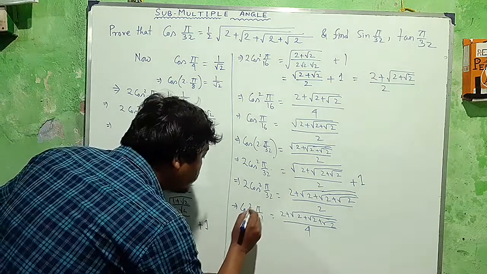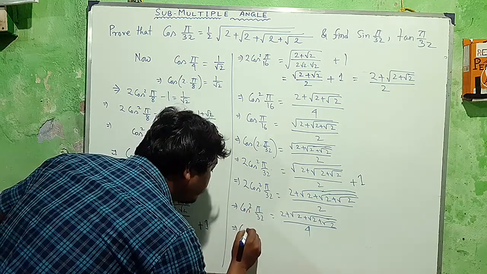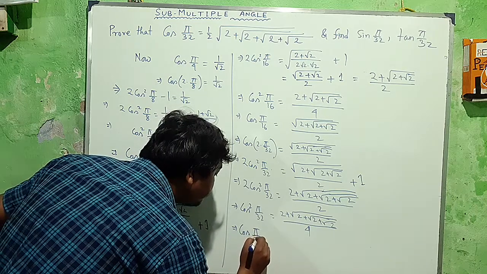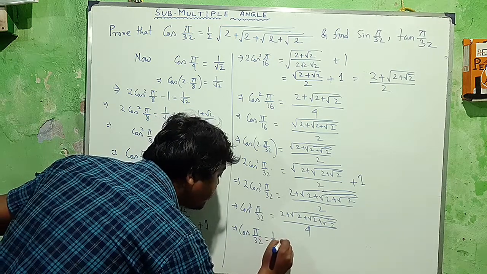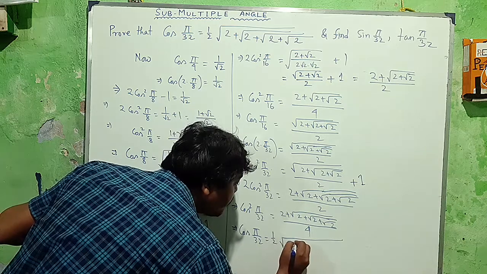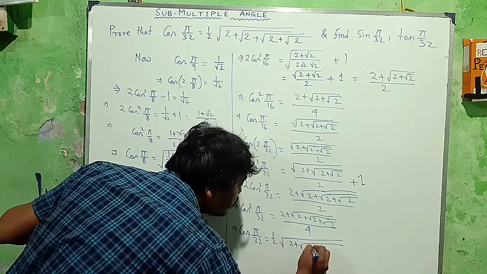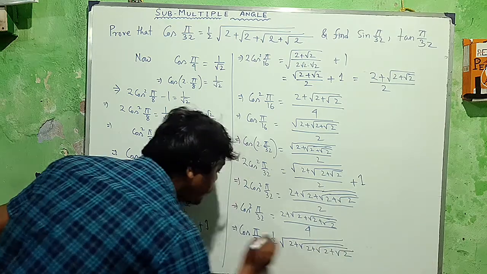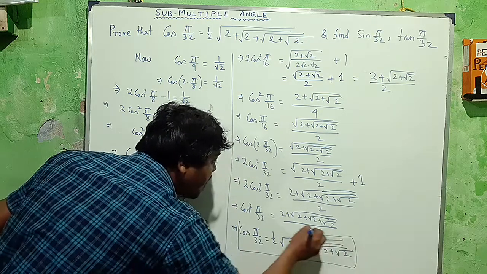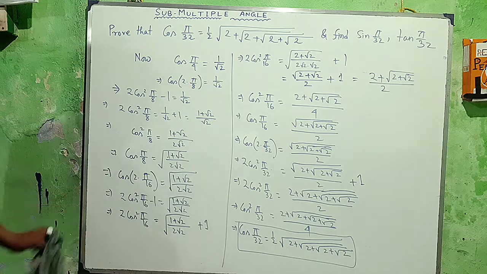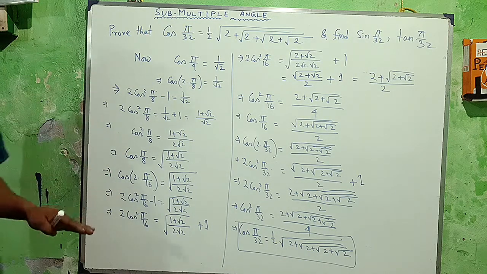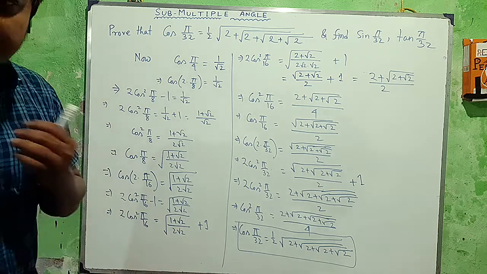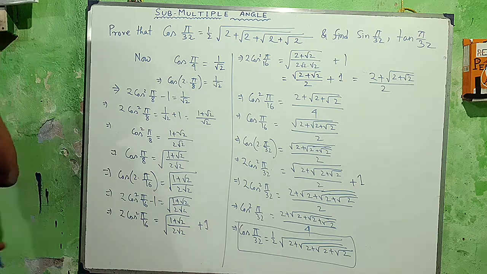So cos pi by 32 equals half square root of 2 plus 2 square root of 2 plus square root of 2. That is our desired result. We have to prove it. Clear? So just step by step you can easily calculate cos pi by 32 by using submultiple angle.